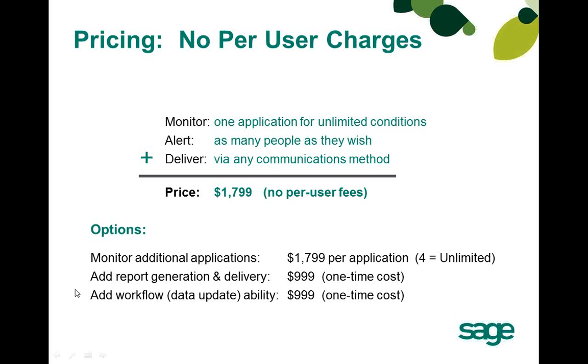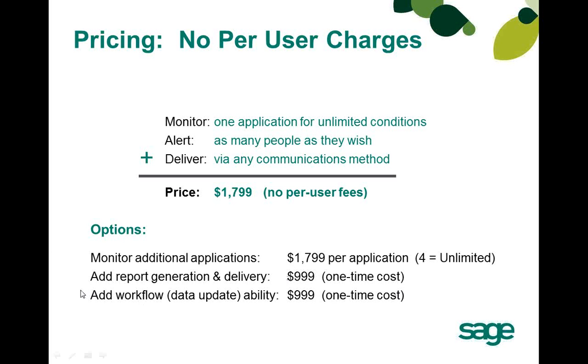And then there are 2 optional components, getting back to those 3 tiers that we talked about earlier in terms of the components of Alerts and Workflow. If you would like the ability to utilize Alerts and Workflow to automatically generate and deliver relevant forms, documents, Crystal Reports, and also graphic alerts, bar charts, pie charts, line charts, and the like, you would be looking at a one-time additional cost of just under $1,000 for what's called the Reports module.